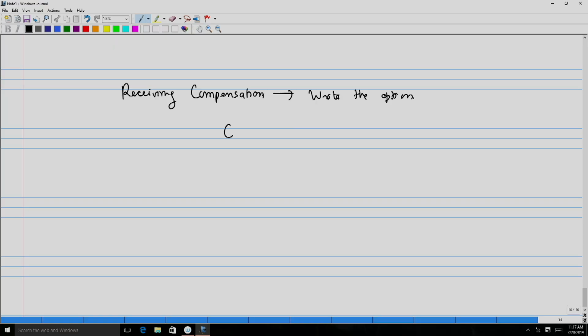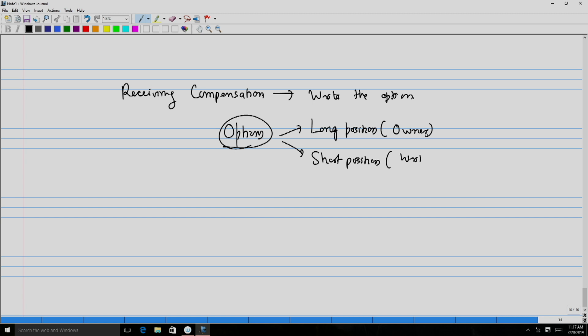Remember that when we talked about forwards and futures and stocks and bonds, we discussed long and short positions. Likewise, for options, the long position is the one held by the owner, and the short position is the position held by the writer.